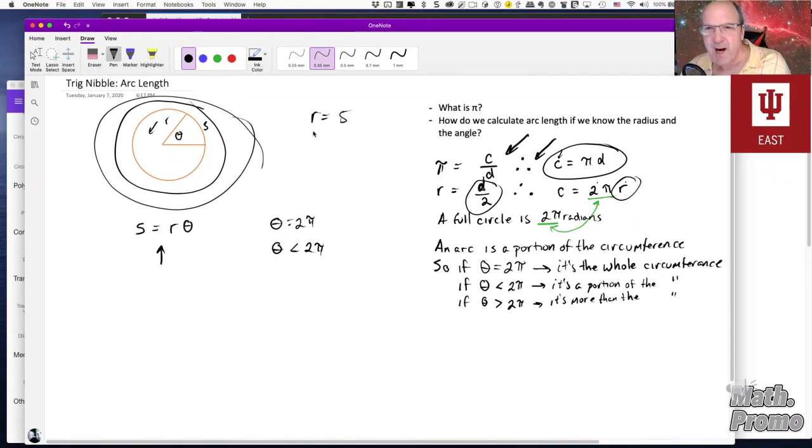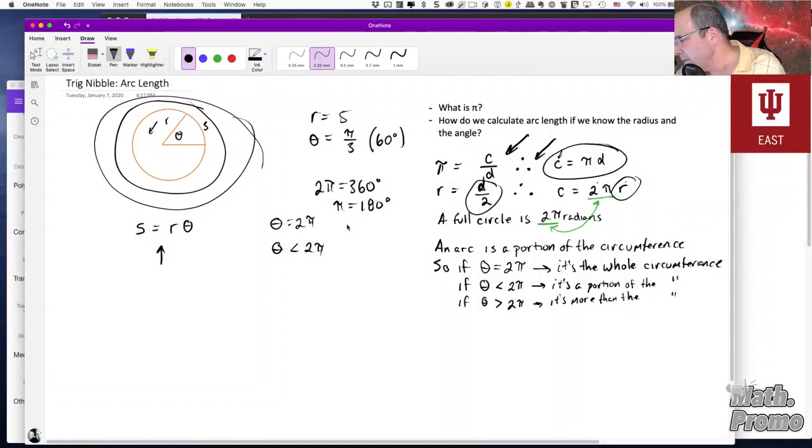And often when you have radians and you're doing stuff like this, they'll say theta is something like pi over 3, which, by the way, is 60 degrees, okay? Because if 2 pi equals 360 degrees, pi equals 180 degrees, and then pi over 3 would be 60 degrees.